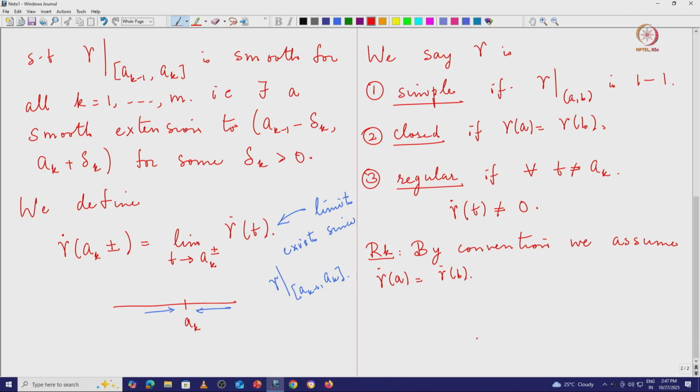Okay, so for instance, if your curve has this form, then the non smooth points are basically these, but by convention, by maybe reparametrizing, I always assume that if I am working on a closed curve, so by convention if gamma is closed, we always assume that the endpoints are basically smooth points, right.